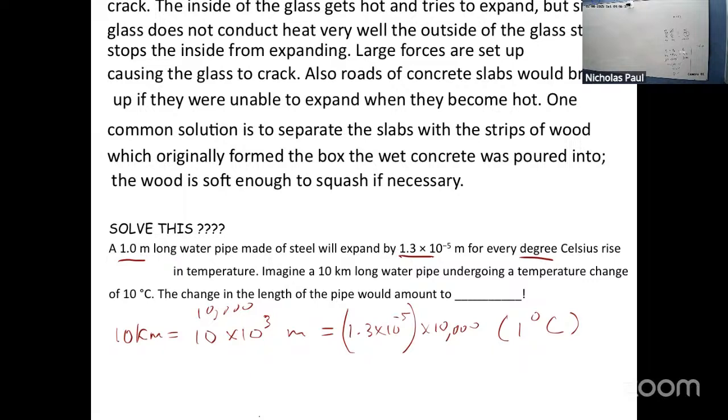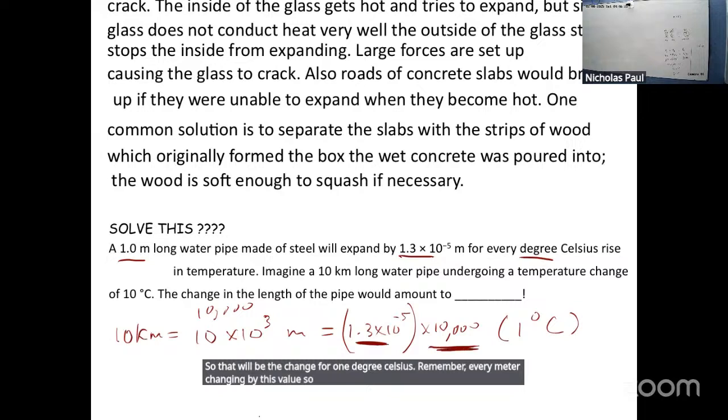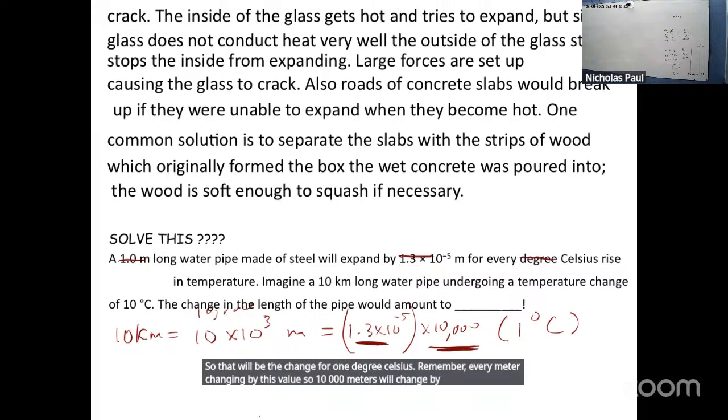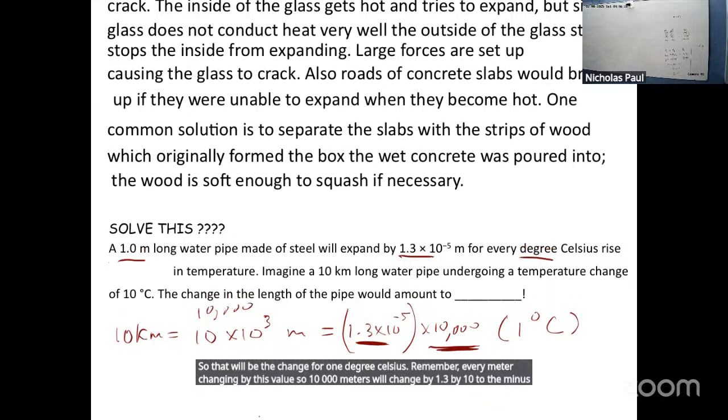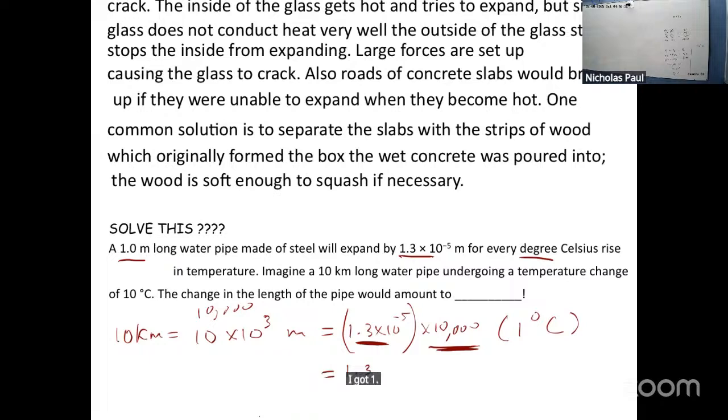Right, remember every meter changes by this value, so 10,000 meters will change by 1.3 by 10 to the minus 5 by 10,000. I got 1.3 by 10 to the minus 1, which is 0.13 meters. Anybody get that?